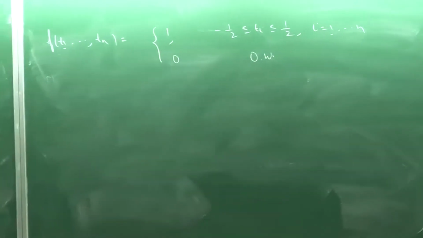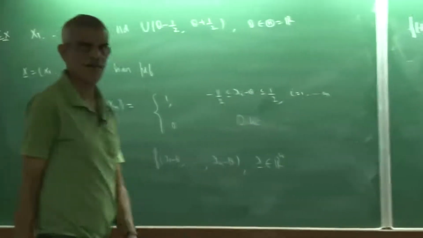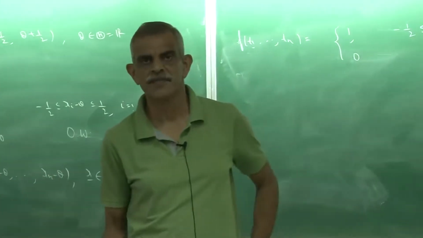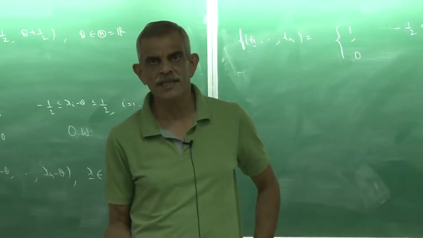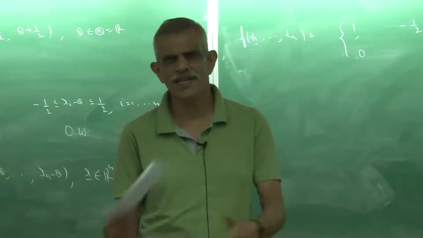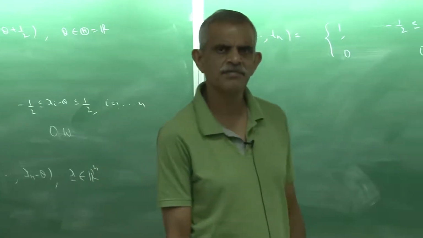So this is a known PDF, and my joint PDF is of the type f of x1 minus theta, x2 minus theta, ..., xn minus theta. So it belongs to a location family which is invariant under the additive group of transformations. I apply my invariance principle.